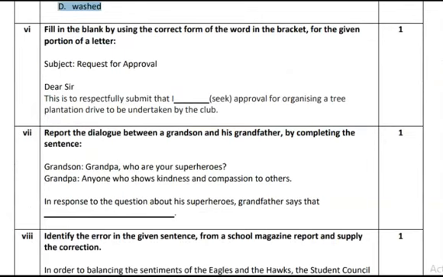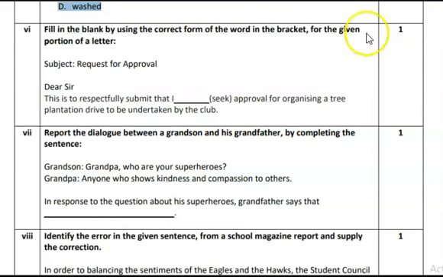Fill in the blank by using the correct form of the word in the bracket for the given portion of a letter. Subject, request for approval. Dear sir, this is to respectfully submit that I, blank space, seek approval for organizing a tree plantation drive to be undertaken by the club.